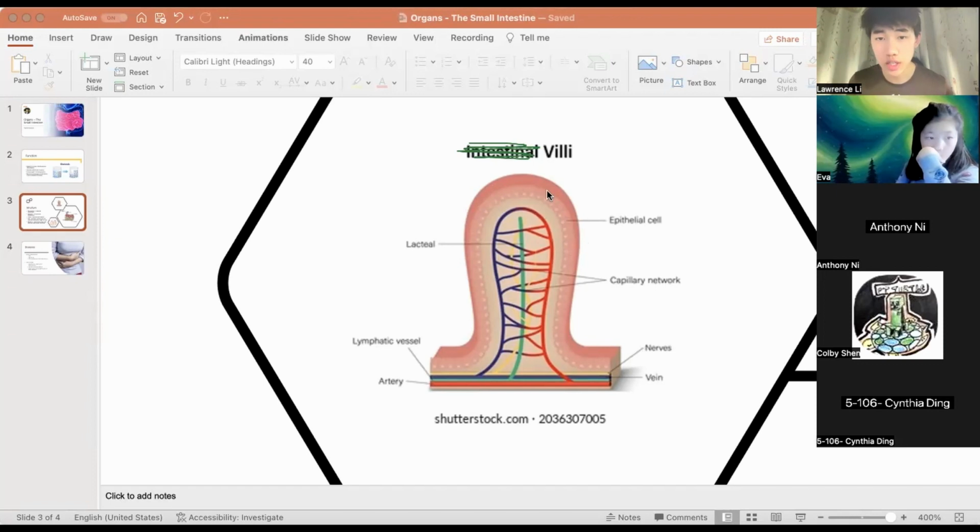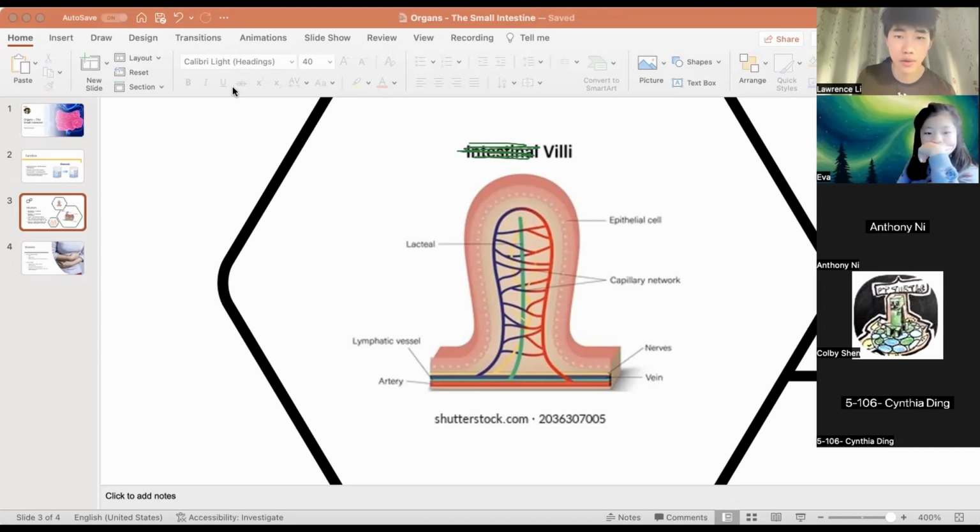Each villus is covered in epithelial cells, which are basically like your skin cells. These epithelial cells are very good at passing nutrients into the villi for absorption.